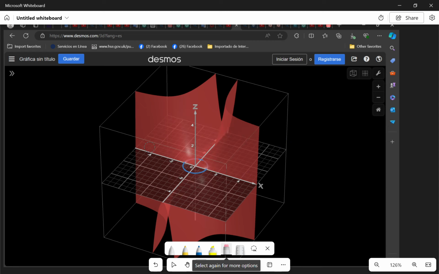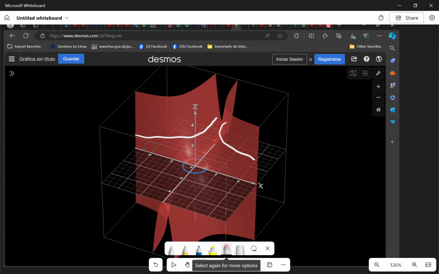So for example, the intersection with the yellow one, which I drew a while ago, will be like this. This is the intersection.